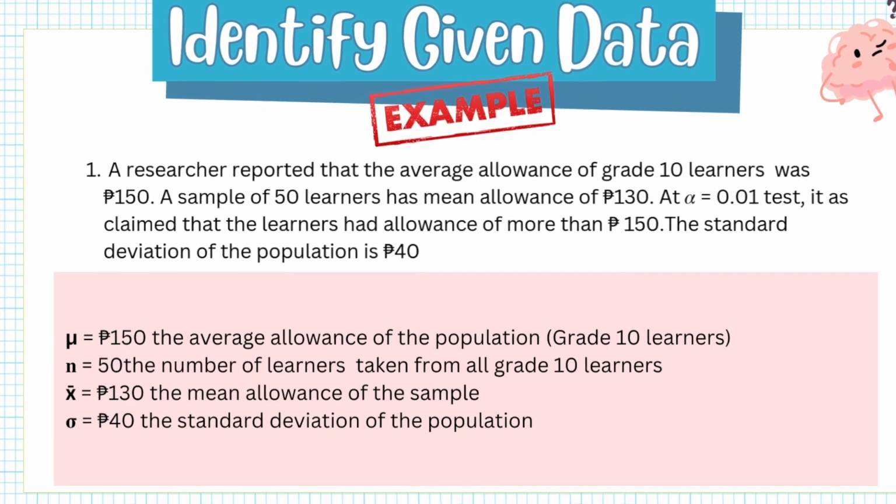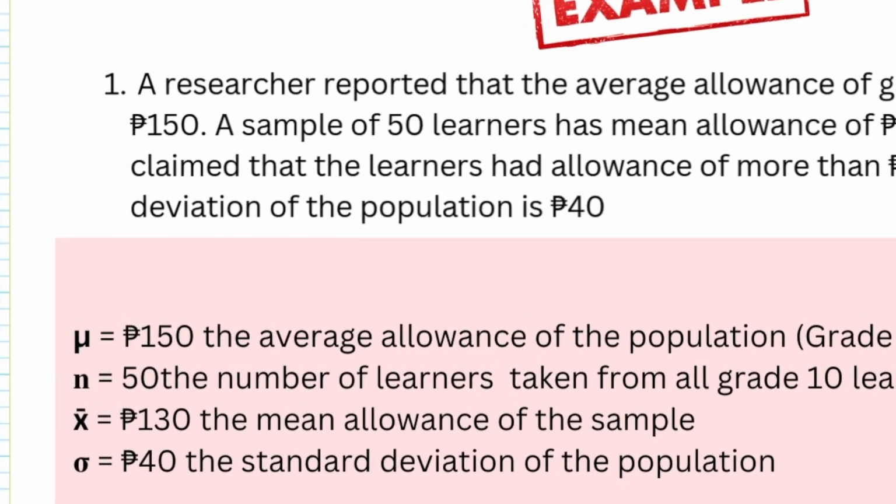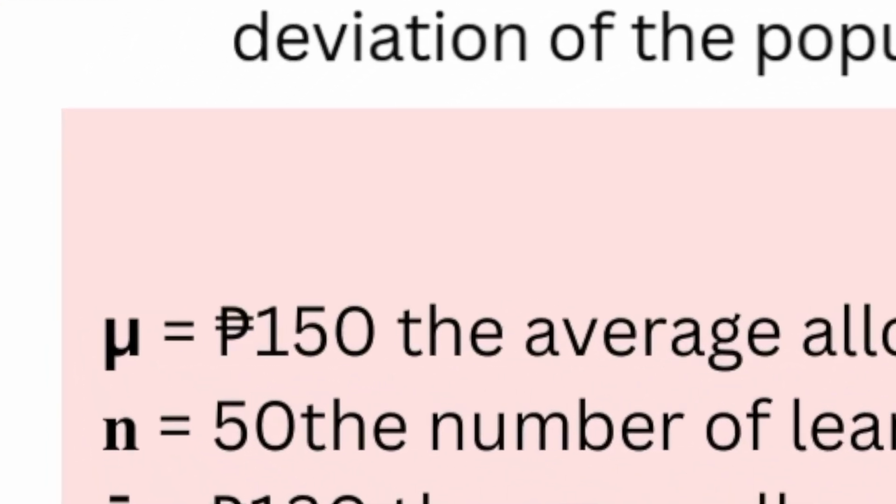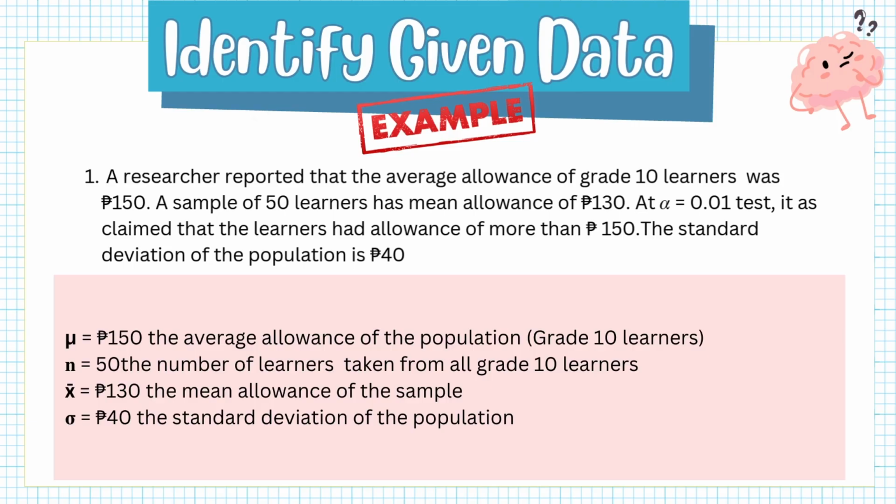First is the population mean or the mu. From the given, our population mean is 150 pesos. This is the average allowance of the population of grade 10 learners.